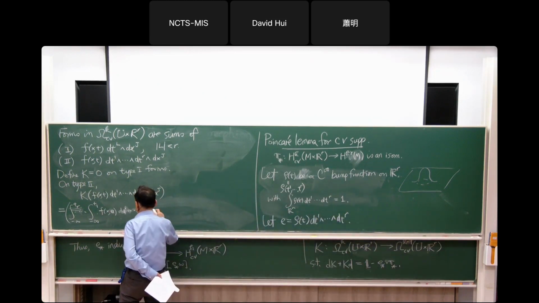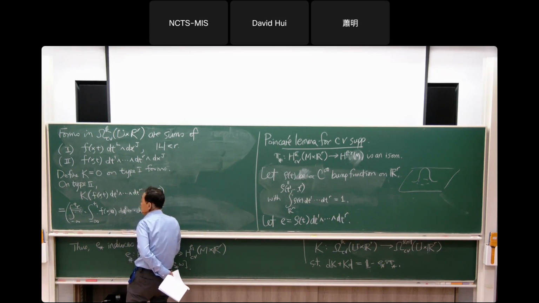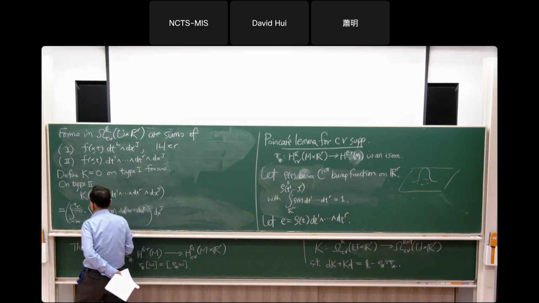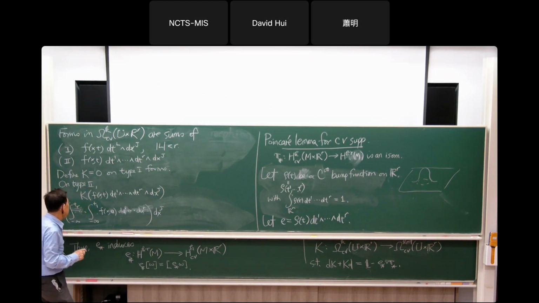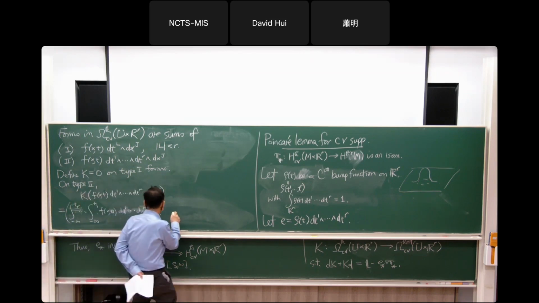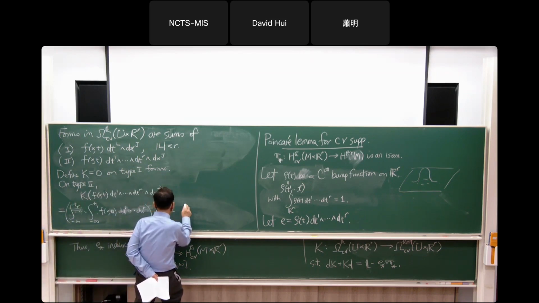And then you have dx_J, and because this might not have compact support in the vertical direction, you need to subtract like what we did before.